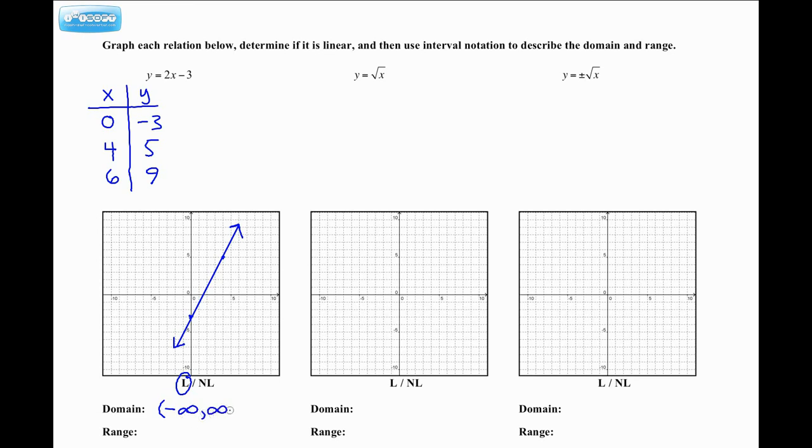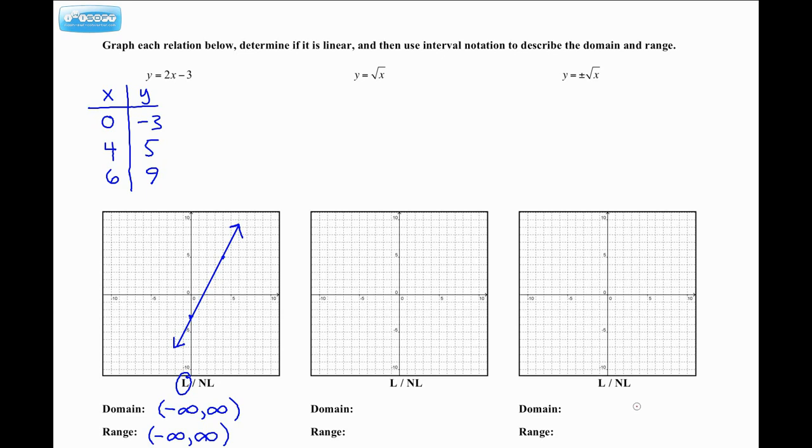Whenever we use infinity, these are always rounded brackets. What's the range? Again, the range is just up, down, it's vertical. The graph clearly goes down forever, and it goes up forever. So there's our interval notation.